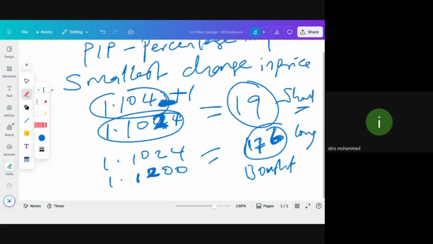That means someone can now come and say, I took a buy and that buy was 176 pips. Is it making sense now? You hear some people say, I took a sell, and that sell is 19 pips for now.